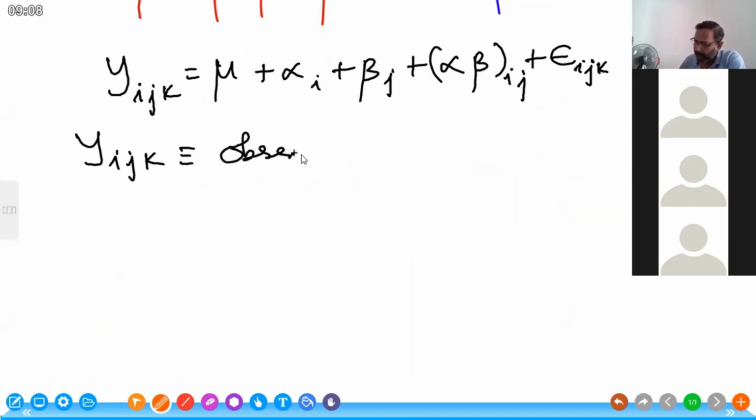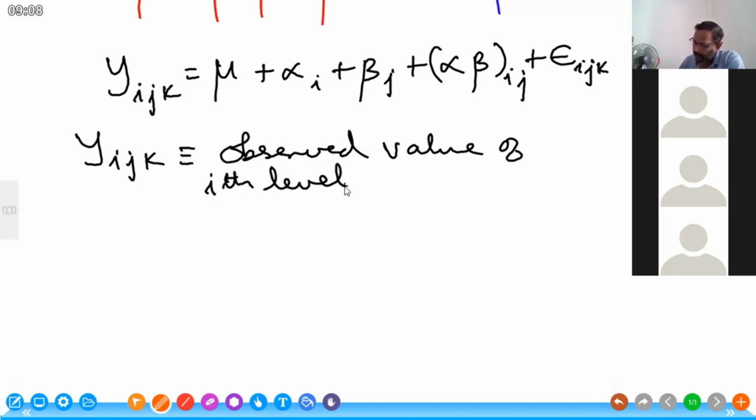Observed value of ith level of factor. Which factor? I is referring to which factor, factor A or factor B?